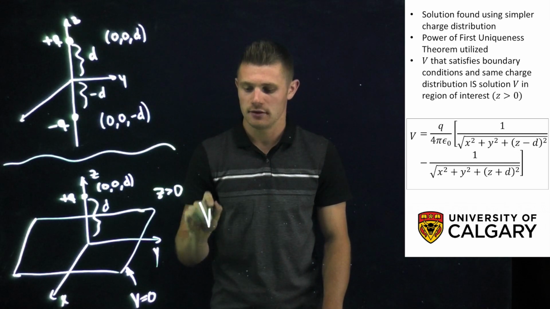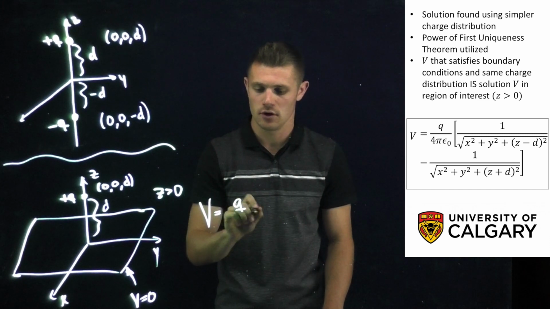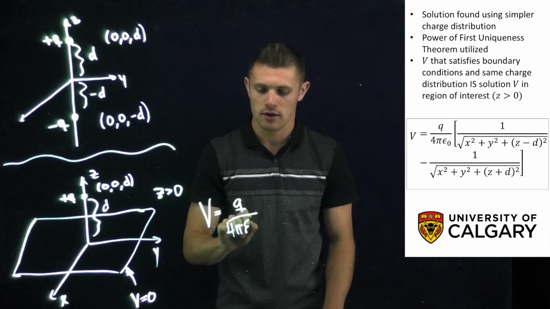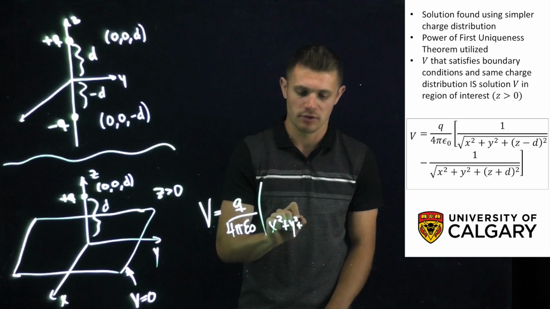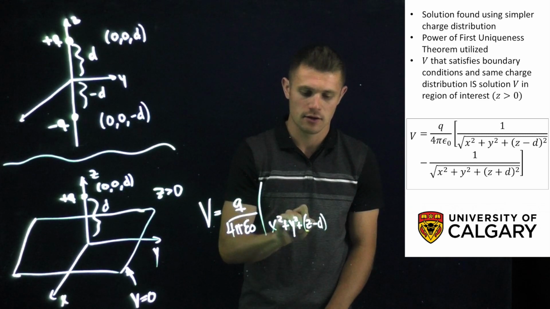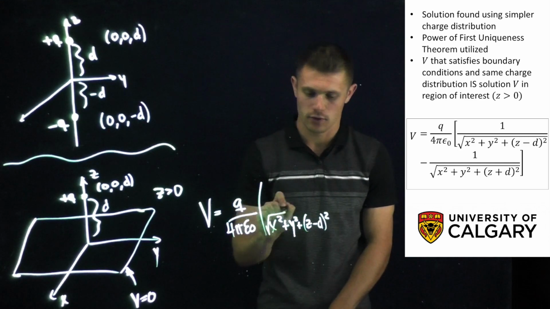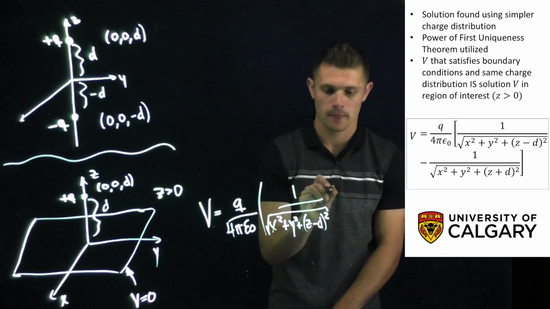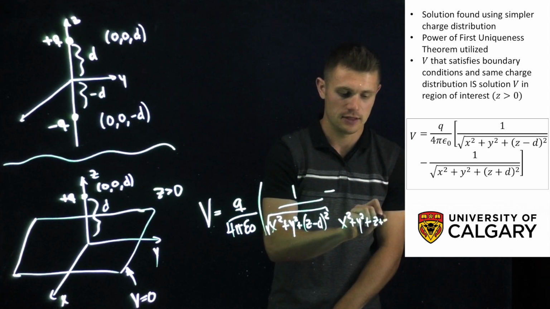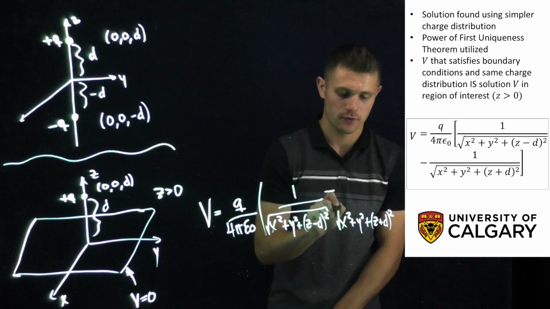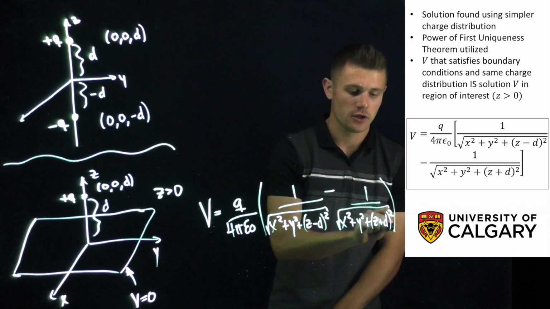So if we say that V is equal to q over 4 pi epsilon naught, big bracket, 1 over the square root of x squared plus y squared plus z minus d squared, minus 1 over the square root of x squared plus y squared plus z plus d squared, closing bracket.